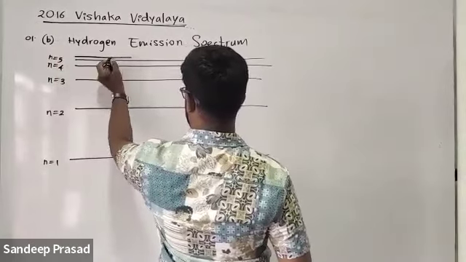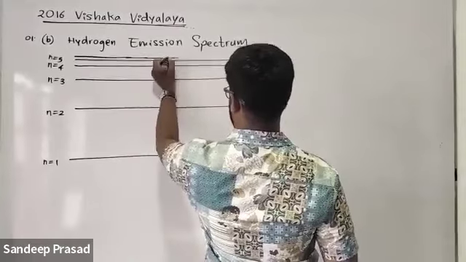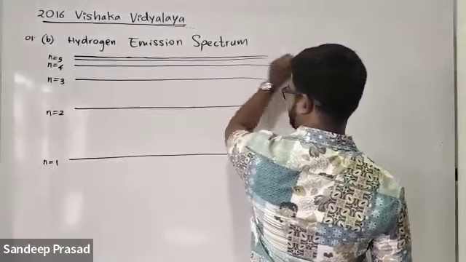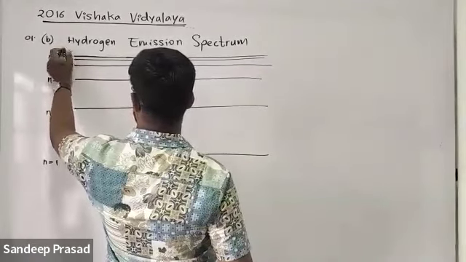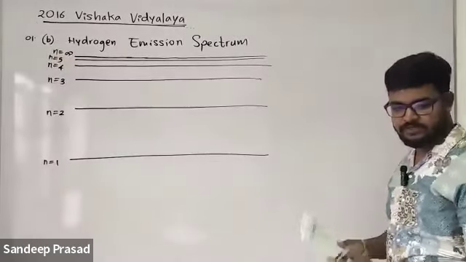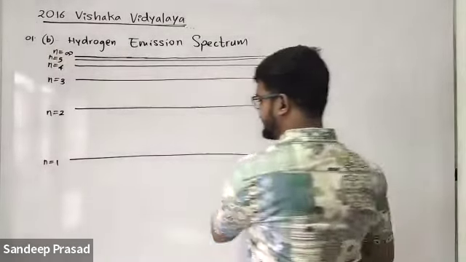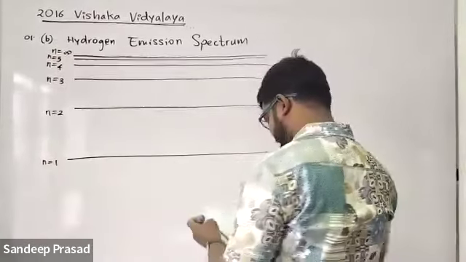We know that when we are drawing the energy level diagram, the energy level gap should always decrease. So this is n equal infinity in this way. This is the energy level diagram that they have given. Try to understand the energy level diagram.